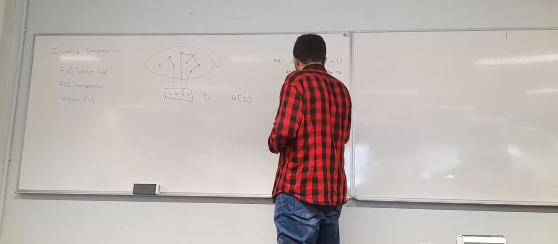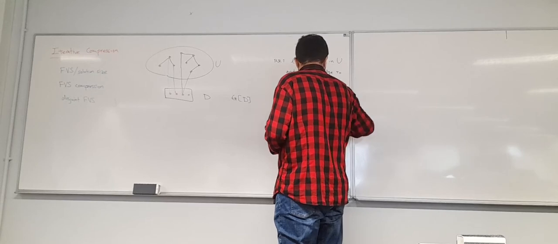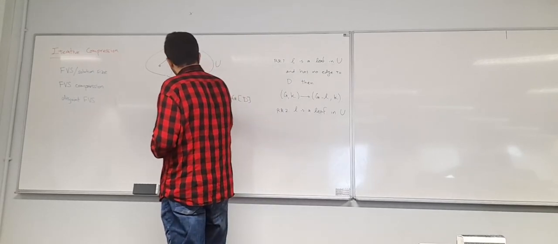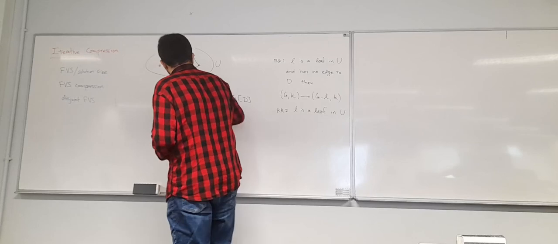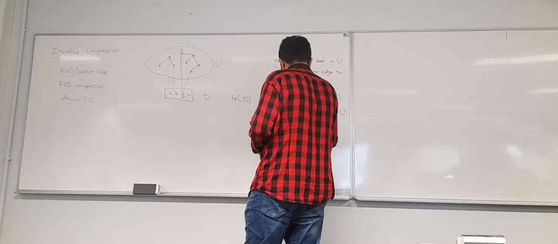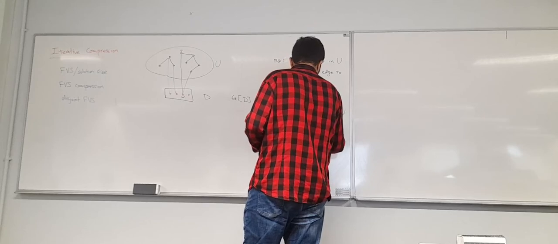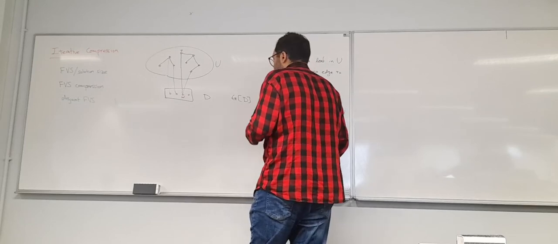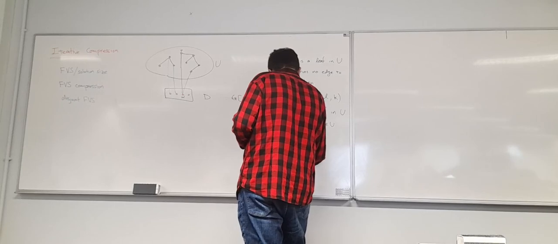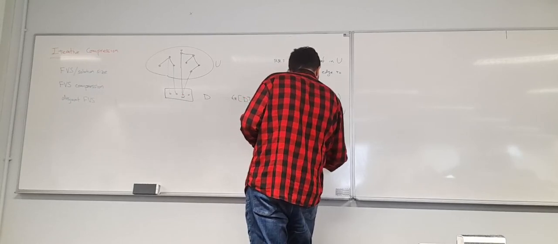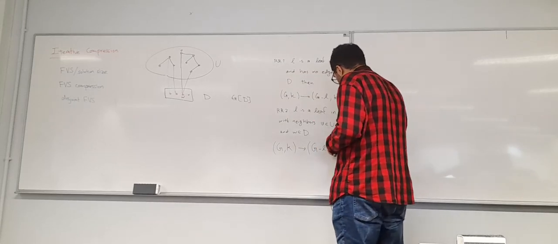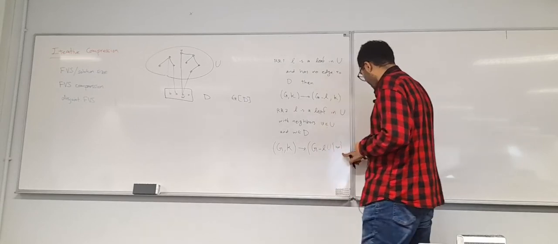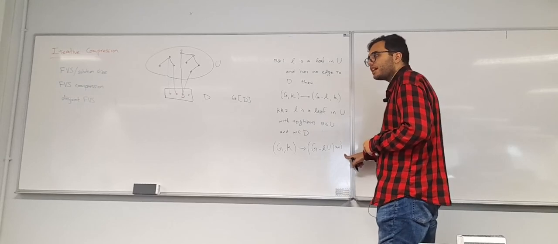If L is a leaf in U, and let's say its neighbors were, I don't know, let's call this one V and this one W, with neighbors V in U and W in D, then what I do is that I just take my graph and I remove the leaf L from it, and I add an edge from V to W. So it's not that I'm adding two vertices, I'm adding an edge.